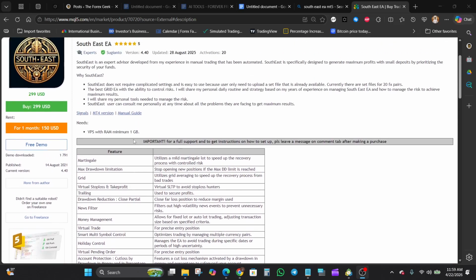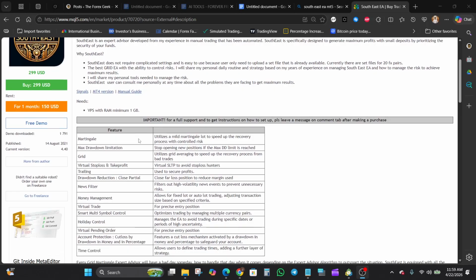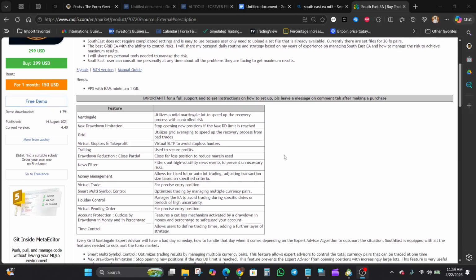At its core, this is a grid plus recovery based system, but with several layers of risk management built around it. So instead of just stacking trades endlessly, it tries to control risk exposure using different protective mechanisms. One of the key components here is the grid system combined with a mild martingale approach.